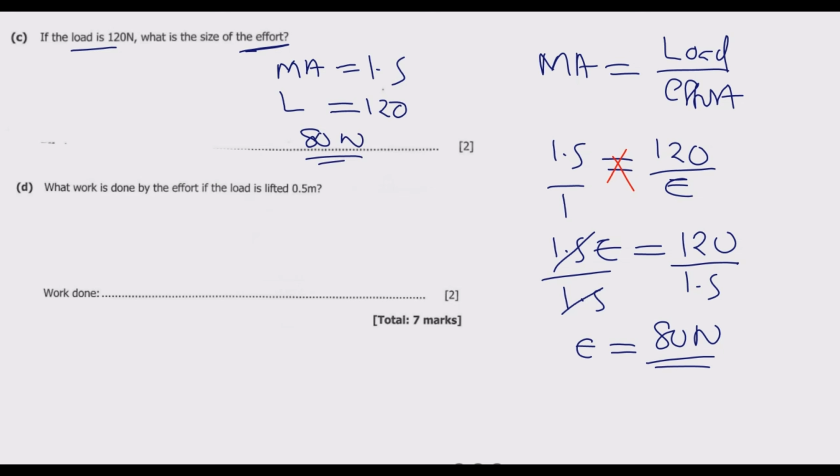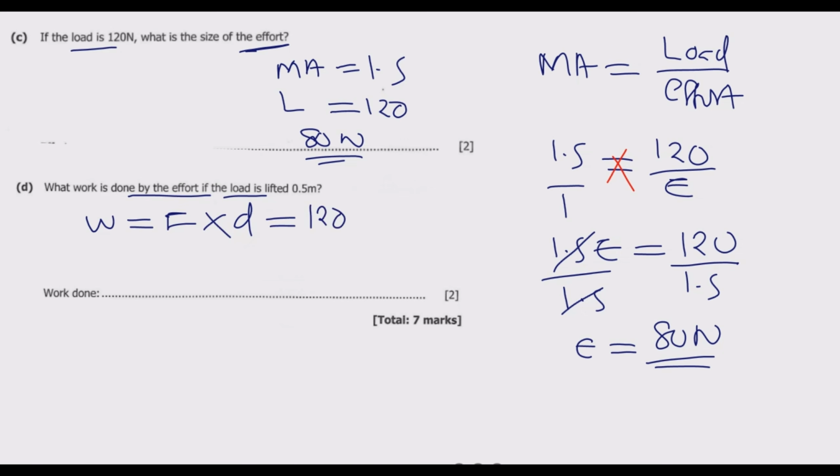D. What work is done by the effort if the load is lifted 0.5 meters? So basically the work done by effort if the load is lifted 0.5 meters. So work done is given by force multiplied by distance moved. So from here we know that the load is 120 newtons.